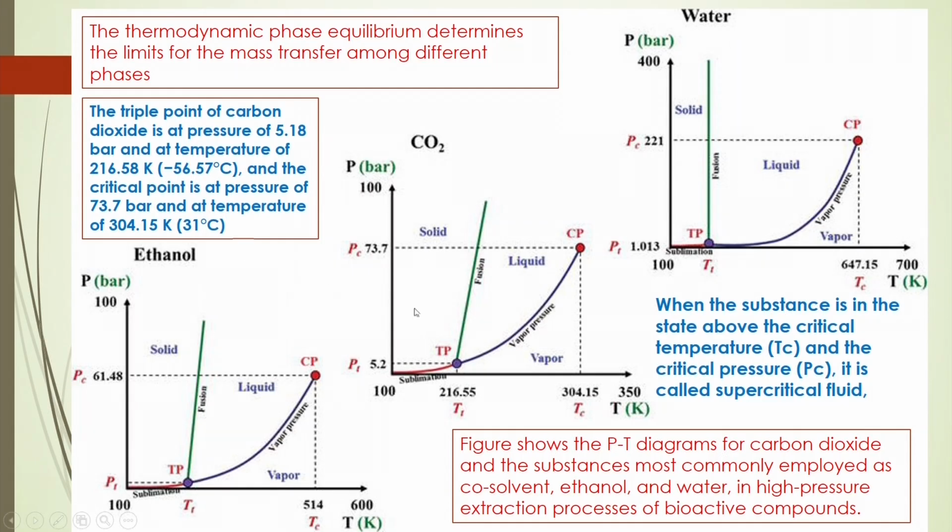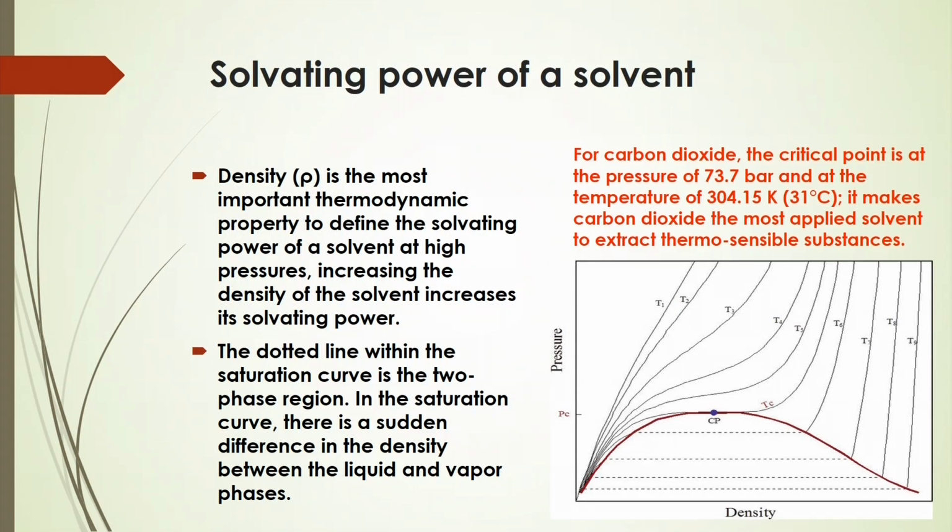So, this is the condition at which you get the transition to supercritical, critical and then triple point conditions, and also the changes of phase from liquid to solid, solid to liquid, liquid to vapor and vapor to liquid. When a substance is in a state above the critical temperature and the critical pressure, it is called a supercritical fluid.